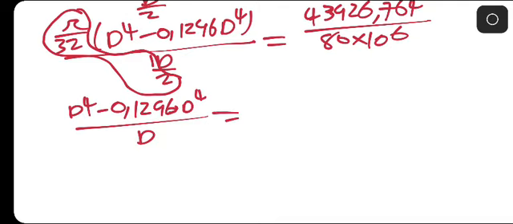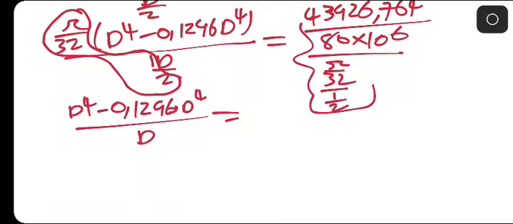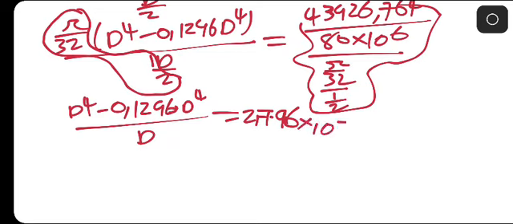This side again, if I divide by pi over 32 over 1 over 2, then trying to punch this on the calculator, we'll get 2,796 times 10 to the power of minus 3.